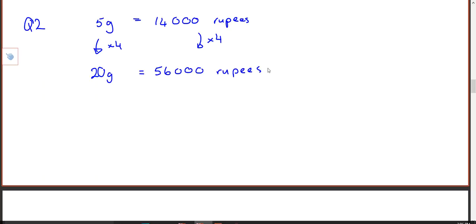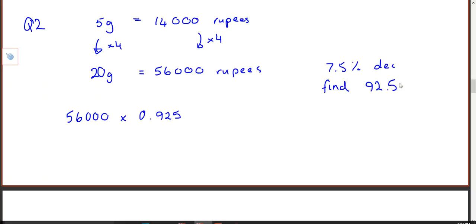Okay, but now it says the cost of gold decreased by 7.5%. So I've got to apply a 7.5% decrease. Therefore, I'm going to multiply by 0.925, because a 7.5% decrease means find 92.5%.